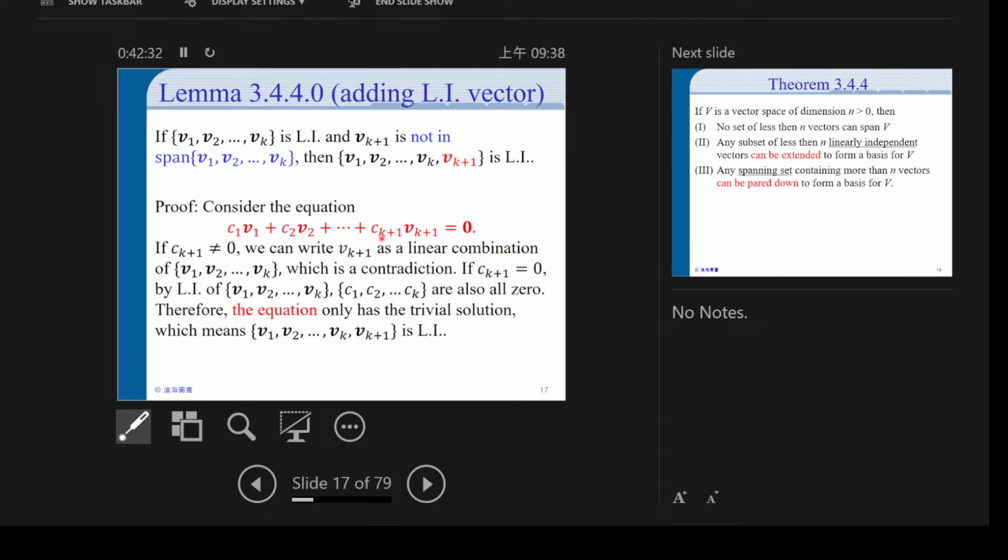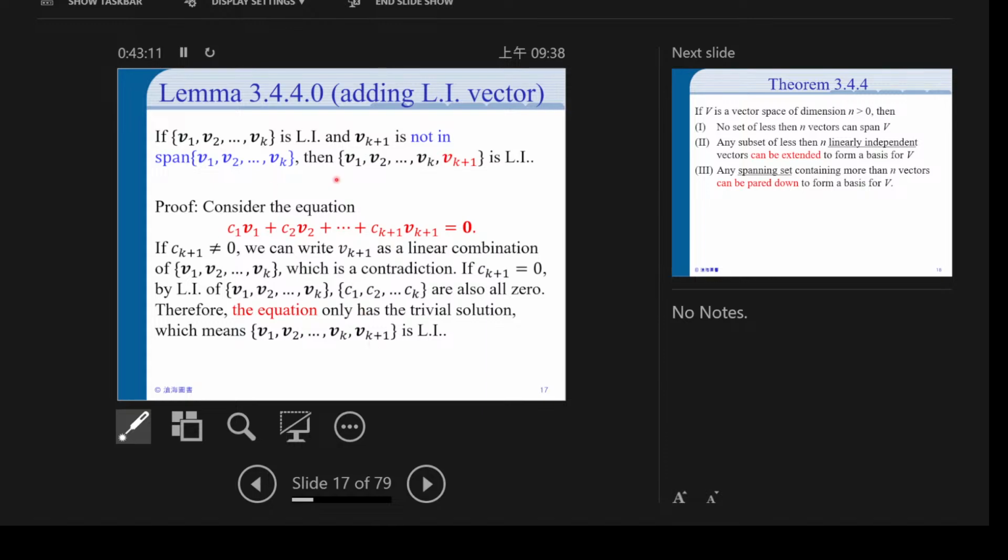So we know c_{k+1} must be 0 because it cannot be non-zero. And if it equals 0, then we have an equation that doesn't have this term, and that's a linear combination of v1 to vk. By linear independence, all the c1 to ck must also be 0. So the only solution to this equation is that everything equals 0, and that means this new set is also linearly independent. Sorry for the mix up.